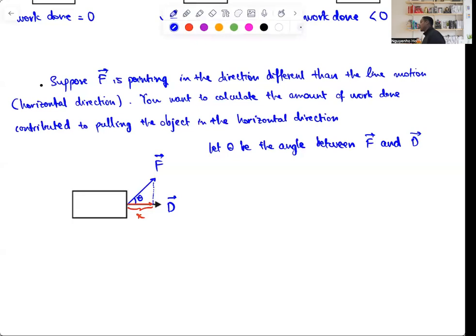So you're looking for X, right? So you use the cosine formula. So cosine of theta is the adjacent over the hypotenuse. The hypotenuse here is the length, or the magnitude, of the force. Therefore, in this case, you have X equal to the magnitude of F multiplied with cosine of theta.